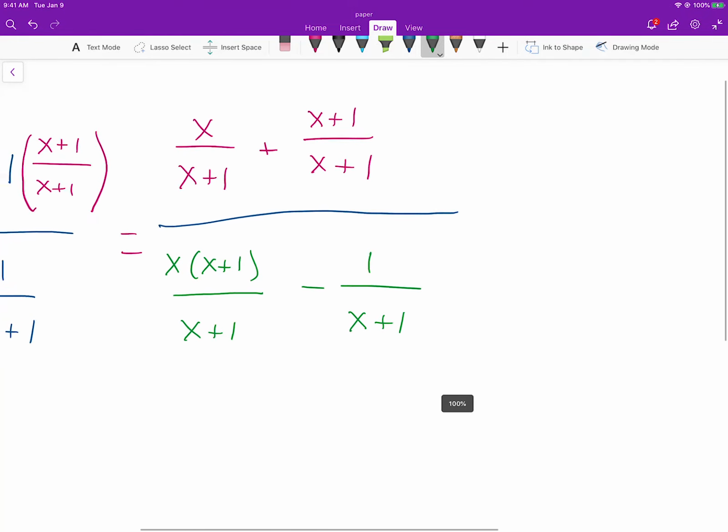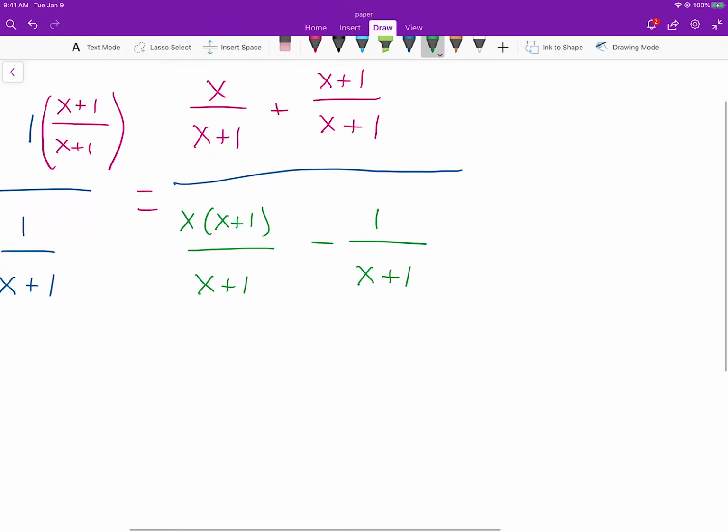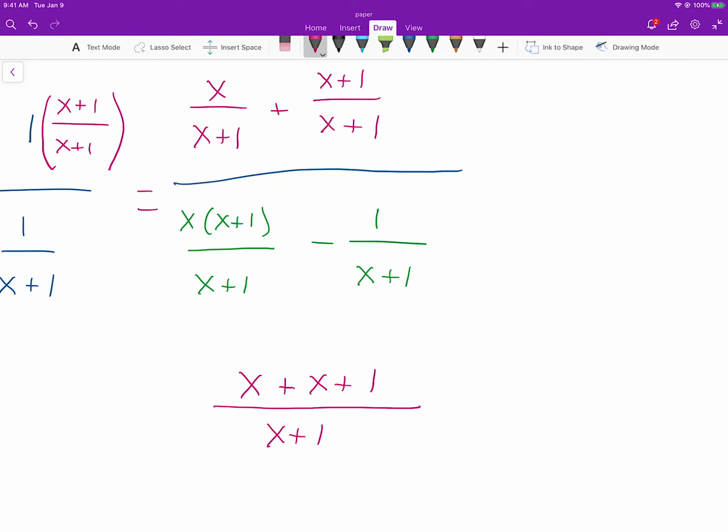So now on this problem, when we have common denominators, we can combine them together. So in my numerator, I have x plus x plus 1, and I'm going to write it over the denominator just once, x plus 1.